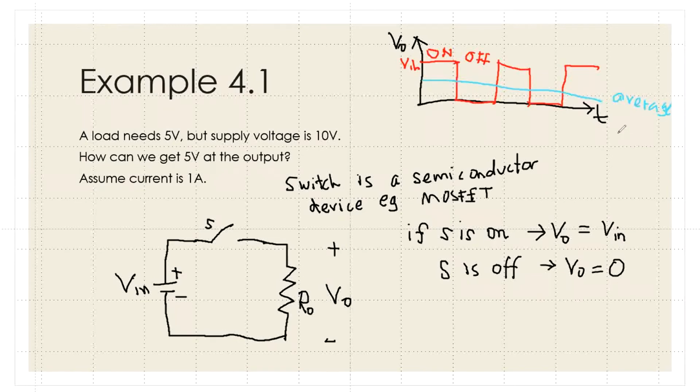So this will be half of V in. This is the voltage that we will receive as the output voltage, which is actually the average of the waveform due to the on and off of the circuit.